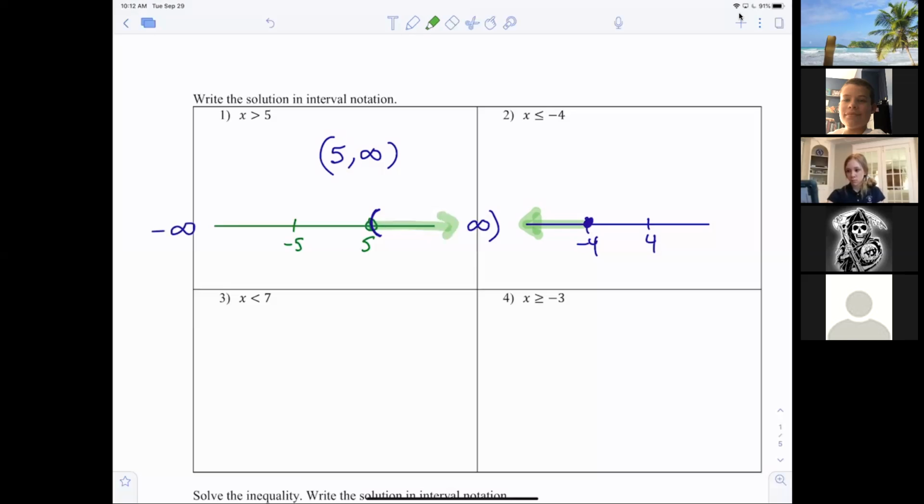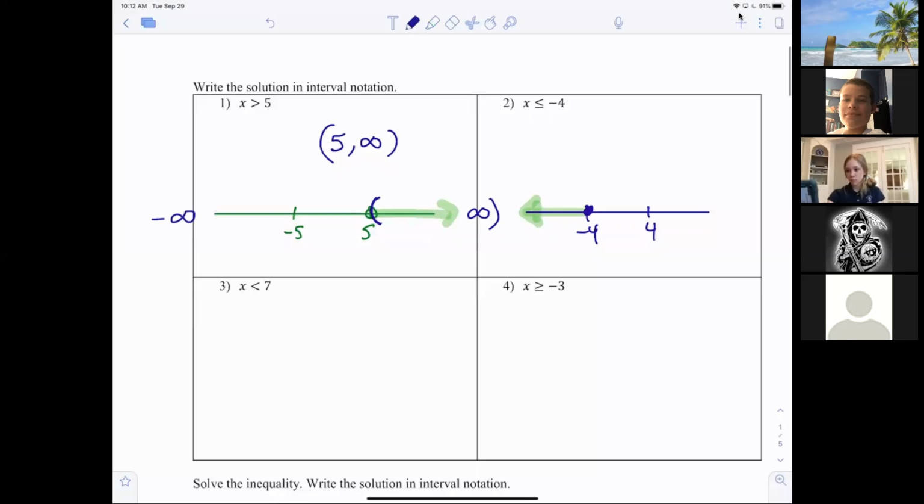So where am I starting? Negative infinity. And I'm going all the way to what number? -4. Do I include -4? Is it equal to? Yes. Therefore, it is a bracket, not a parenthesis. You use a bracket for equal to.